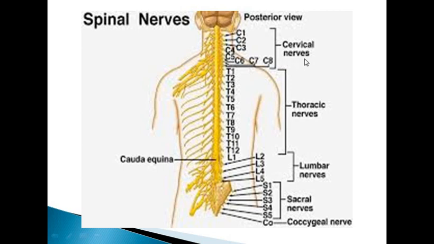Again, we have 8 cervical, 12 thoracic, 5 lumbar, 5 sacral, and 1 coccygeal, and all together are 31 pairs. These pairs arise from both sides of the spinal cord.